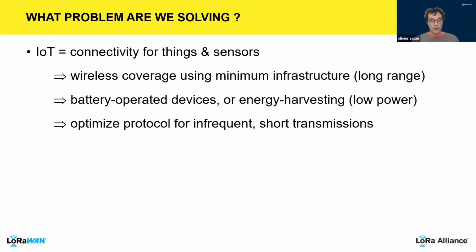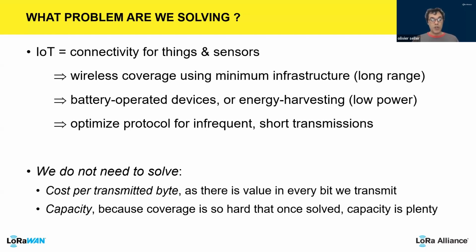It's also important to acknowledge what we do not need to solve with LoRaWAN. We do not need to go for high data rate that reduces the cost per transmitted byte, because even though the transmissions are short, there is value in every piece of information, in every bit transmitted by the sensors. Probably sensors are the ones where the value per bit is the highest compared to broadband internet, for instance.